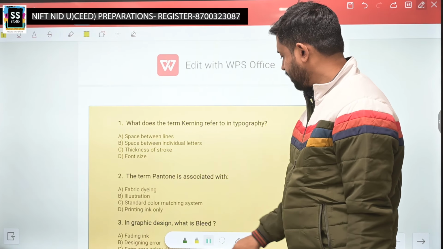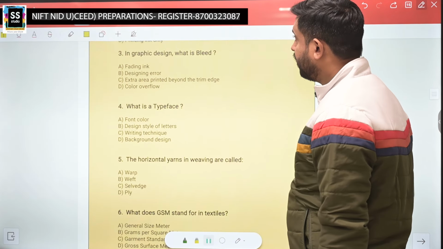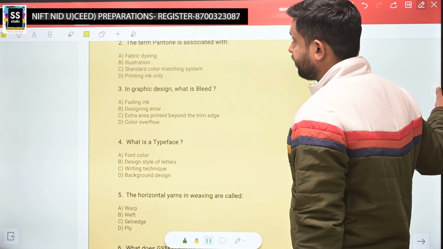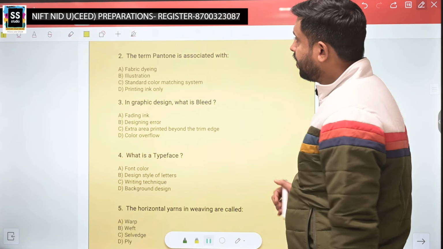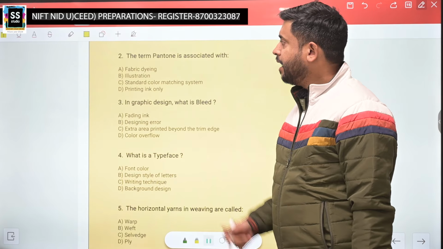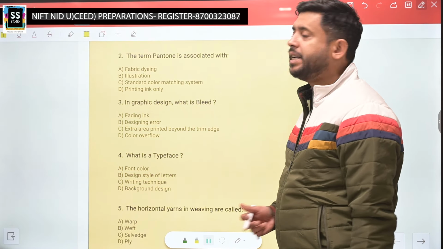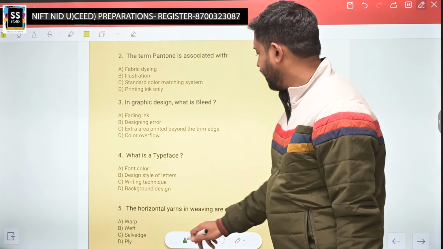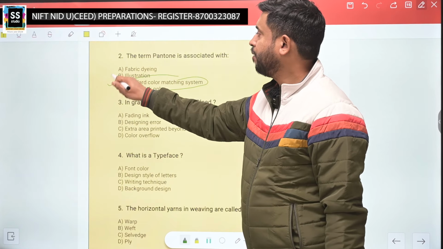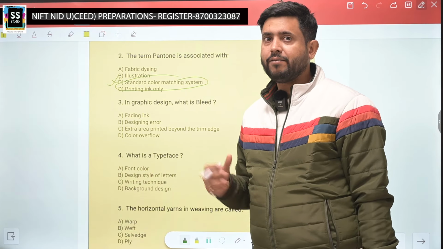The next question which says here, the term Pantone is associated with fabric dyeing, illustration, standard color matching system, and the printing ink only. So here the correct answer is standard color matching system, which is option C. Now, standard color matching system, we have two.